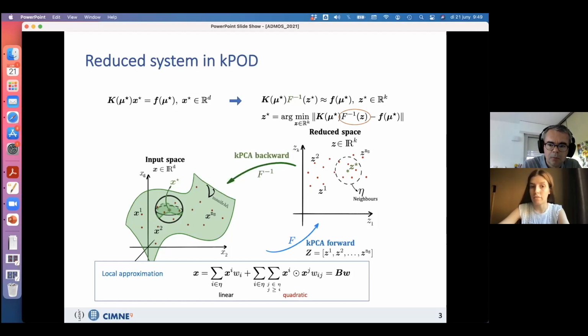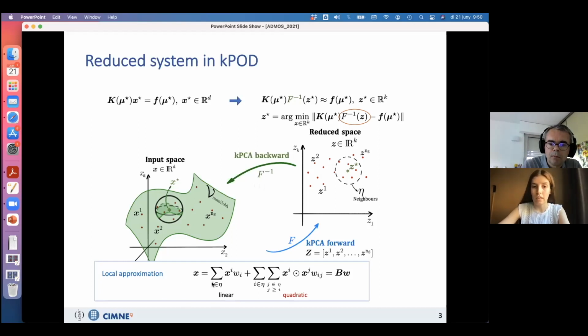So we may have different points X in the input space that go into the same point in the reduced space. In order to have an F to the -1 that is well defined, we need to reduce the approximation into a low dimensional manifold in the input space. And this is what we do here.